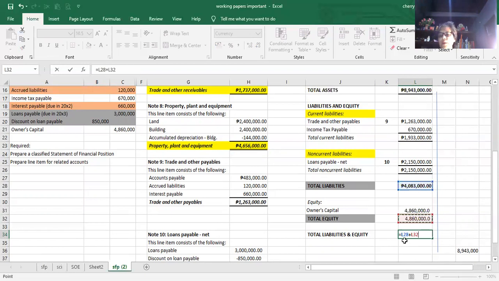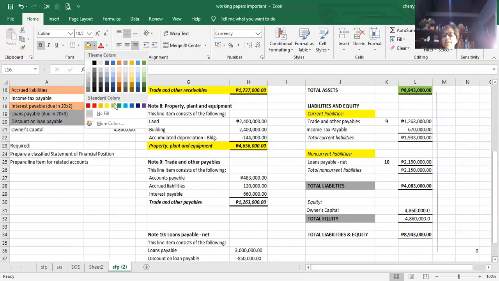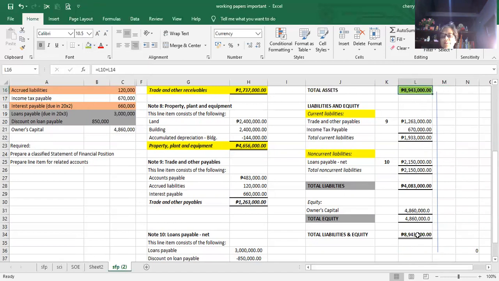Then L20 equals L28 plus L32 will give you total liabilities and equity of 8,943,000. Did you see the zero here? Because it is the check if the total assets is equal to the total liabilities and equity.